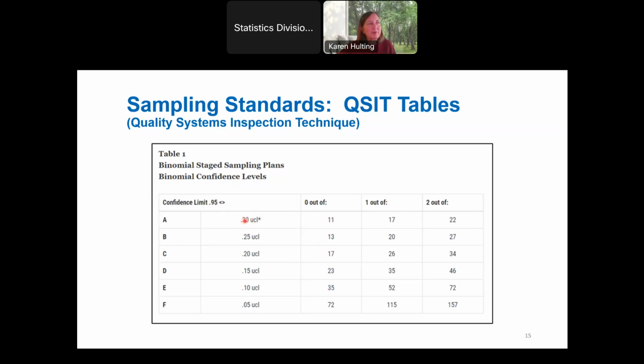That's the upper confidence limit to a binomial confidence interval for the probability of acceptance. And so this number right here tells me that the LTPD for this plan is 70%. The LTPD for this plan down at the bottom is 5%. And so this sampling standard, you can use this to choose a sampling plan.